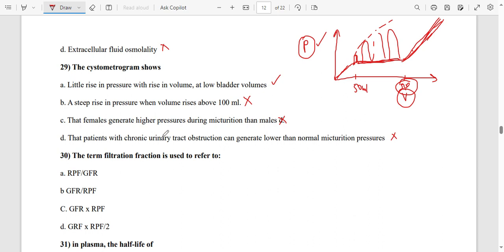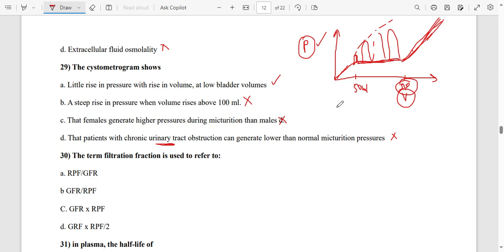If someone has got a problem with the kidney, that really doesn't mean that they're going to generate low micturition pressures, that pressure to feel like weeing, as long as urine has reached the bladder, because this scale is telling us not about the kidney itself at that point, but it's telling us about the bladder, the problem with the bladder.